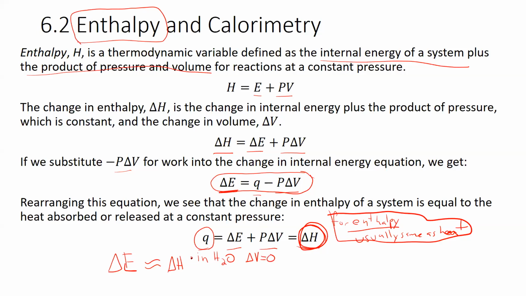So if a chemical reaction takes place in water, the change in volume is 0, thus the work term falls out. And that's going to be an important thing for us. Most of the time, we're going to be able to deal with this.